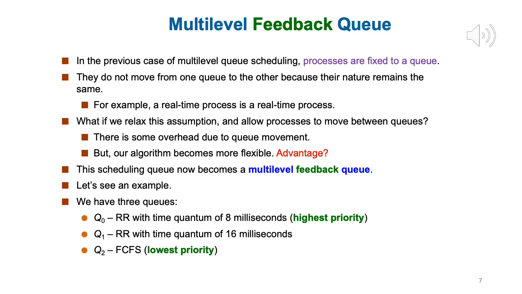So you have many levels of queues, multiple queues, with the additional feature that a process can travel from one queue to the other. So multi-level feedback queue.